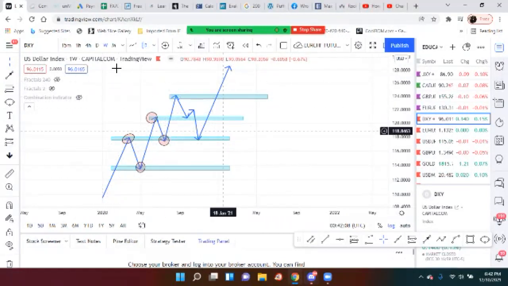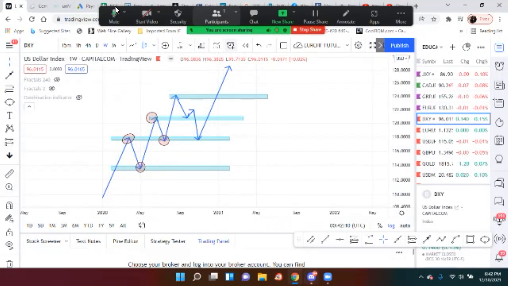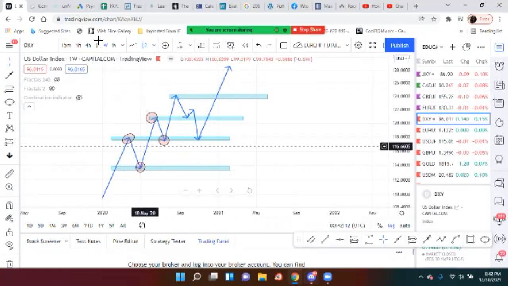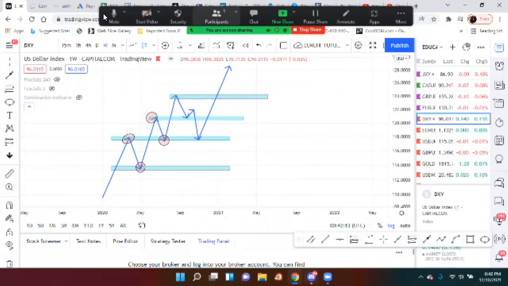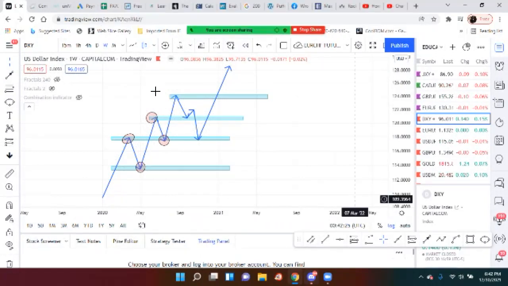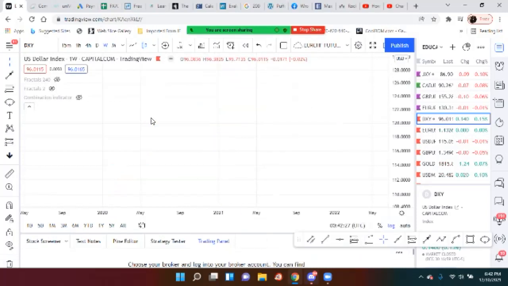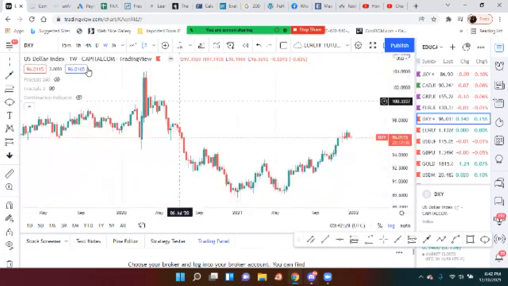And I've been trading like this for a year. Never had a problem. Profitable. You just got to make this work for you. Any trading strategy will work, but you got to make it work. If you don't make it work, then it's just not going to work. All right, so enough of that. Let's delete this. Let's get to the meat.